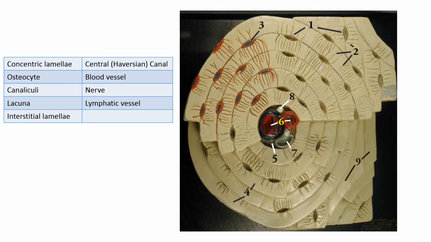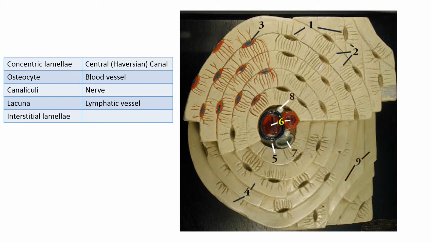The second type of bone is called compact bone. It's the kind of solid outer type of bone. It's probably a little bit stronger than the trabecular bone. And you're responsible for knowing its anatomy.